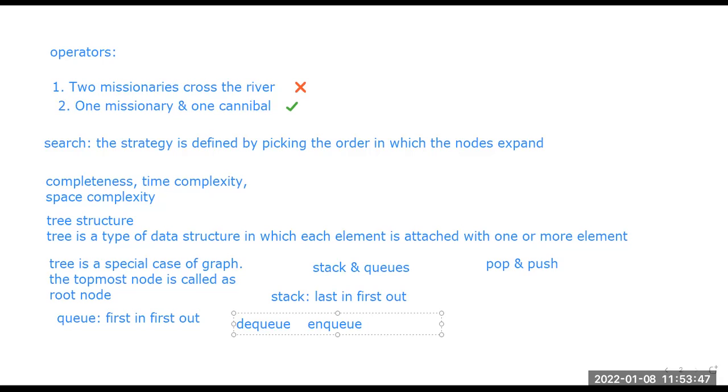We are talking about problem description and the state space. A state space should describe everything that is needed to solve a problem and nothing that is not needed to solve the problem.